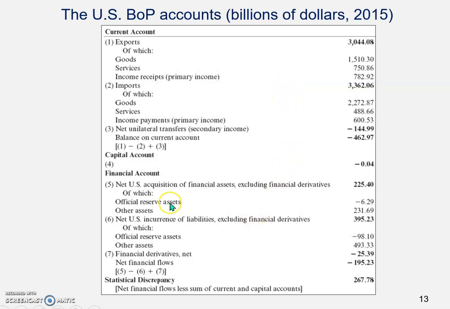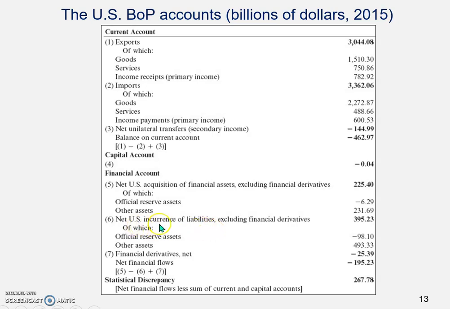So the minus sign here means it's a trade deficit, because we import more than what we export. Now the financial account here, we find that the net U.S. acquisition of the financial assets, so here we're talking about we purchased the foreign assets, will be $225.4 billion. And we also have the foreign investors coming to the U.S. and purchasing our assets.